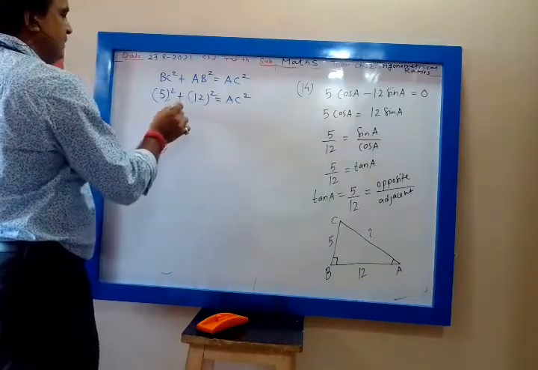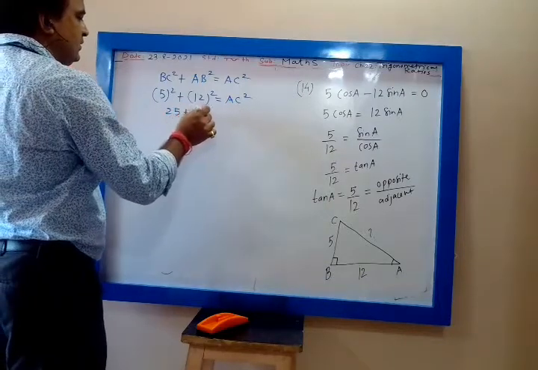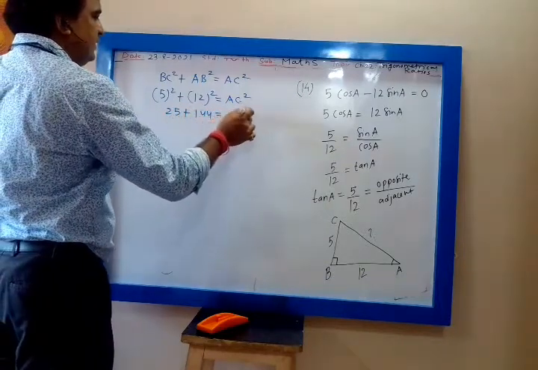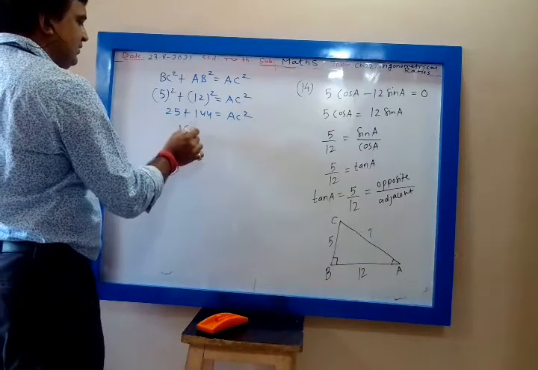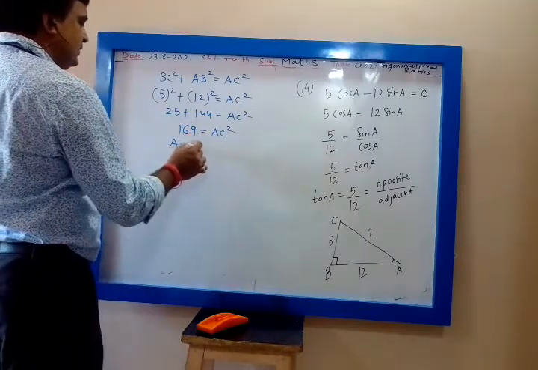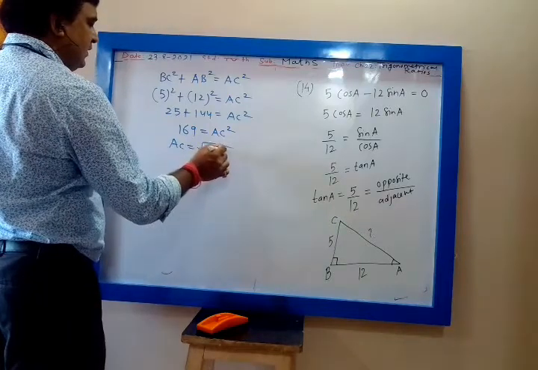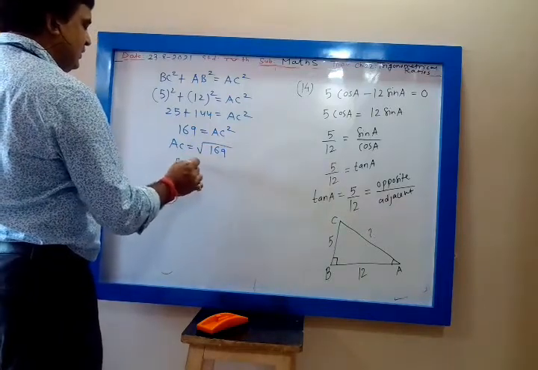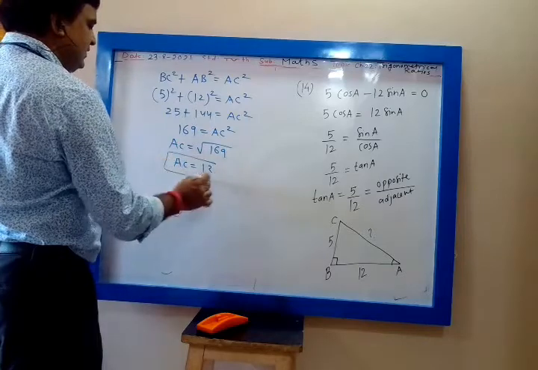So 25 plus 144 is equal to AC square. 169 is equal to AC square. So AC is equal to root 169, and AC is 13.